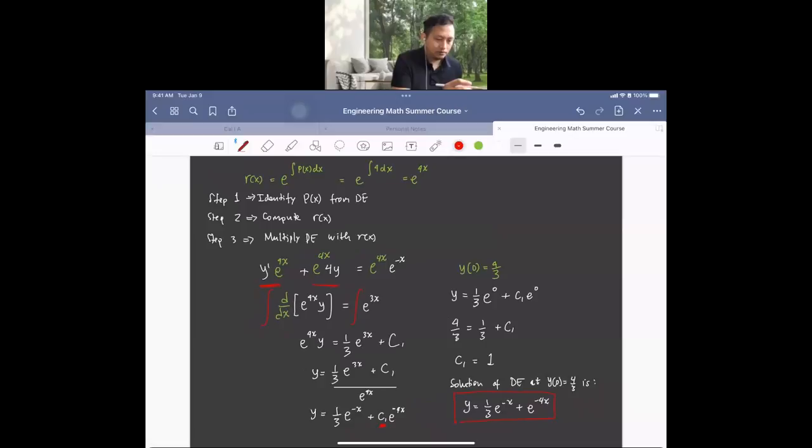So identify the P(x), compute the integrating factor or R(x), or if you're familiar with other symbols like mu, you can use mu, that's fine. Multiply the differential equation with R(x) and solve. So step 4 is here: solve the differential equation with integration.